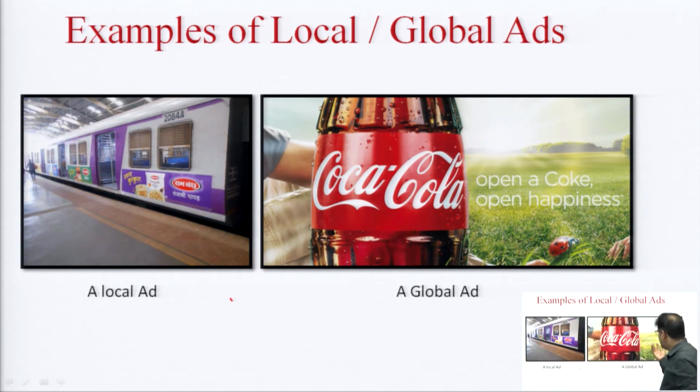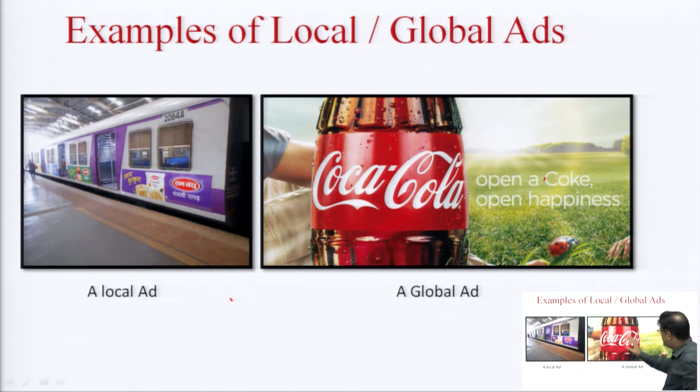So, happiness is universal, it is a global feeling, it is a global emotion, and by opening a Coca-Cola, you are actually opening a can of happiness. So, this is the message that is being conveyed in this ad. That feeling of happiness is truly global.